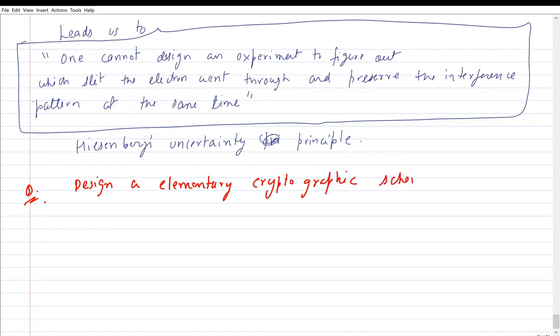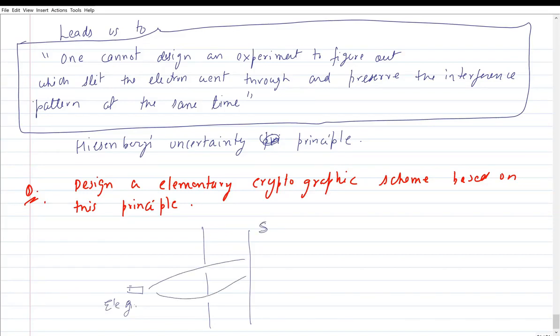Cryptographic scheme based on this principle. Well, it's kind of neat. We can actually do this. Just think about it. I have an electron gun, and I am sending, and you have the screen. You are on the screen.